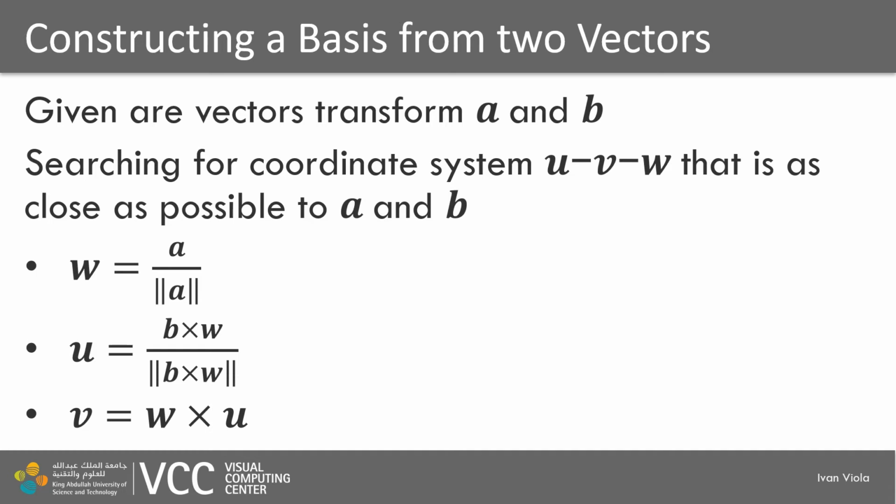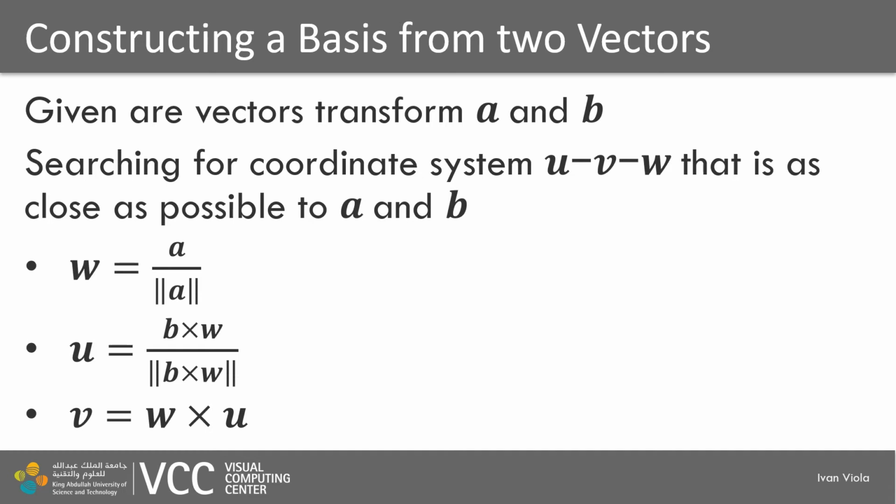Often, we will have some vectors A and B in graphics, and we would like to define a coordinate system based on these two vectors. This might be easy if these two vectors are already orthonormal to each other, so they are of unit length and perpendicular to each other.